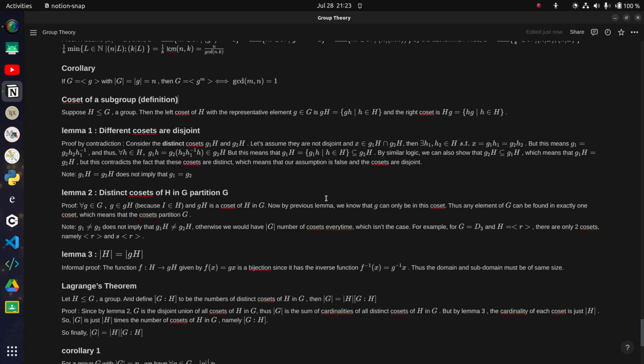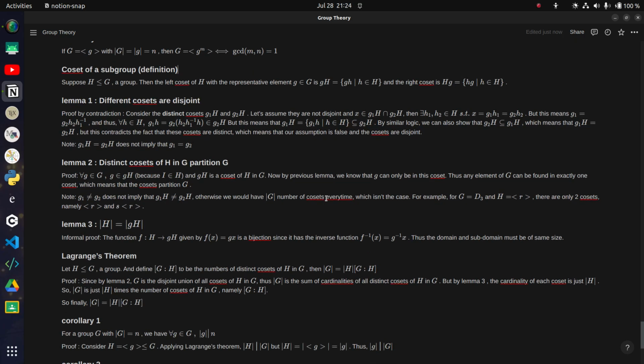For example, for the group D3, considering the subgroup being the cyclic group generated by small r, you have only two cosets, namely the cyclic group R generated by r, and s times that. So only two cosets, but the cardinality is 6. Of course you don't have 6 cosets, right?